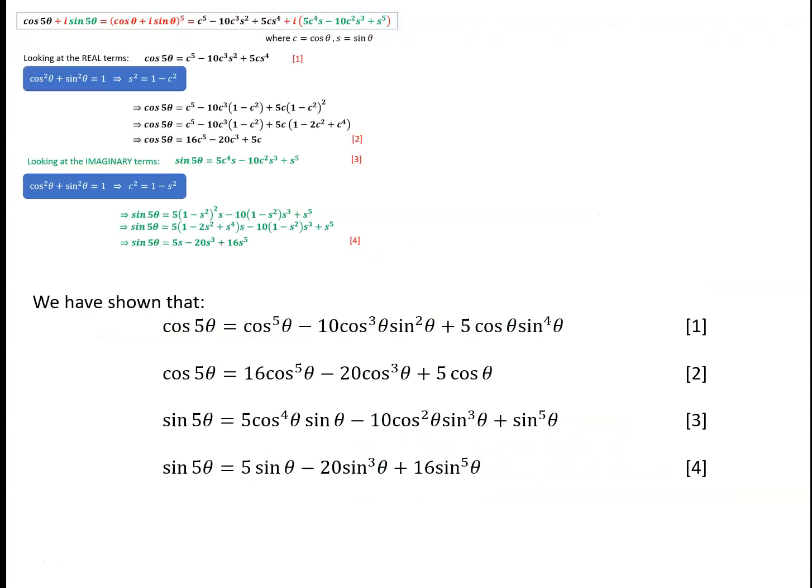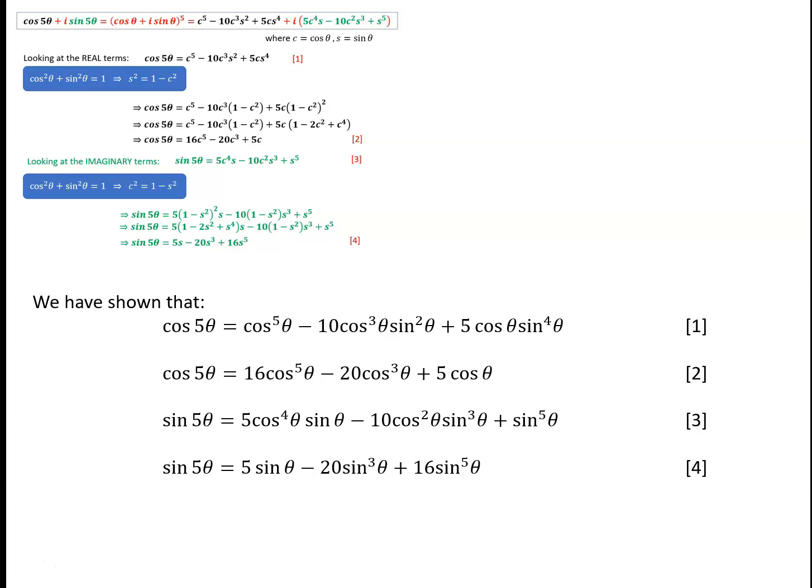So, summarising our results from the previous page, we've now got that cos 5 theta can be written as cos to the 5 theta minus 10 cos cubed theta sine squared theta plus 5 cos theta sine to the 4 theta, or as 16 cos to the 5 theta minus 20 cos cubed theta plus 5 cos theta.